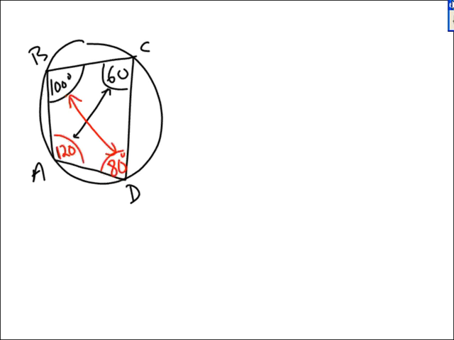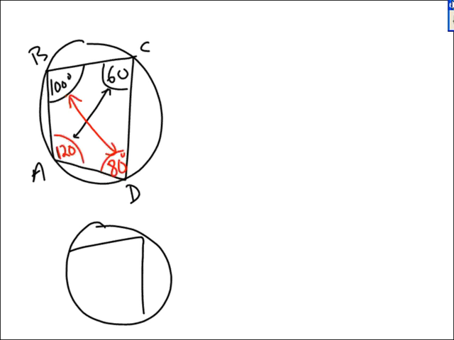Suppose you have this. You have a circle. You have some 4-sided figure inside it. And this time you are given some arcs. This arc, say, is 100 degrees. And maybe the other arc down here is 110 degrees.